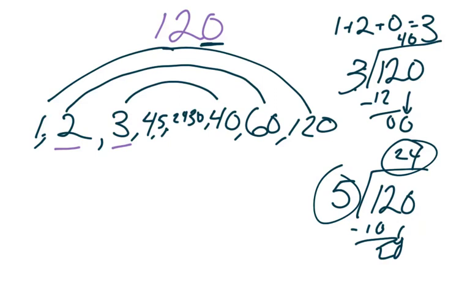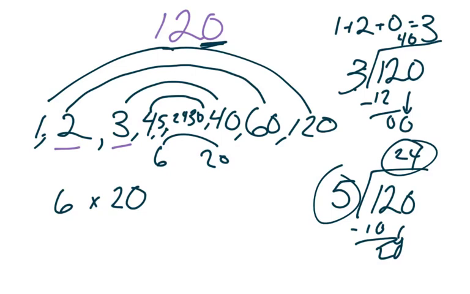All right, 6 is going to go into 120 20 times because 6 times 2 is 12 and we add a 0 to make it 120. 6 and 20. 7, nope, not a factor. 8, well, let's see. I know 4 and 30 were factors, so I'm going to double 4 to make 8 and take half of 30, and that means that 8 and 15 are also going to be factors of mine, and I'll make this a little much nicer in a second.